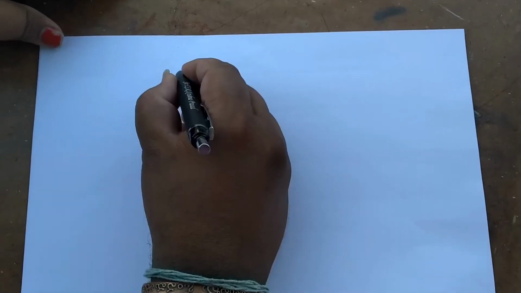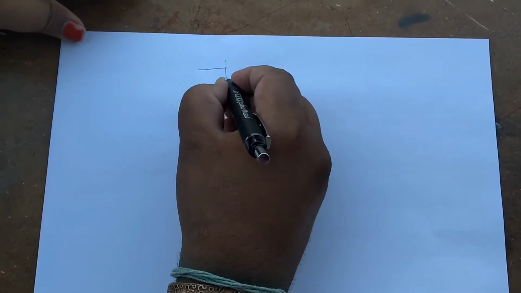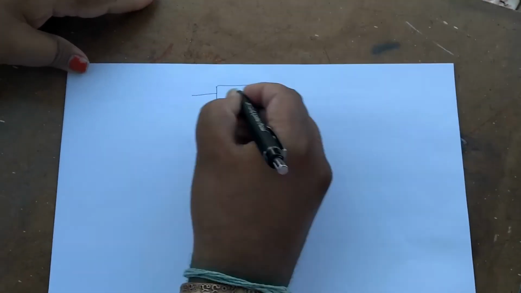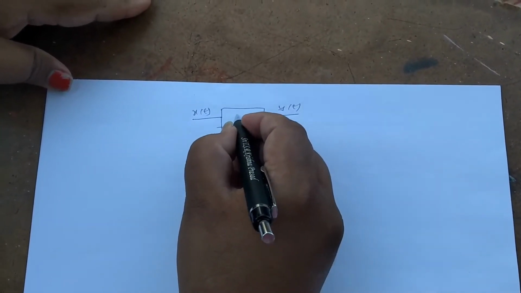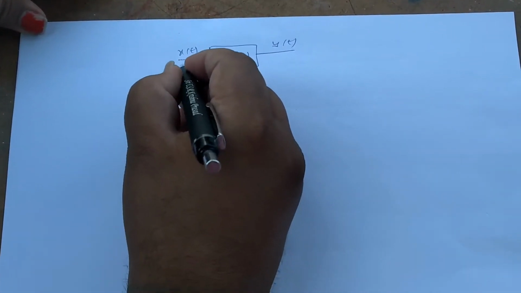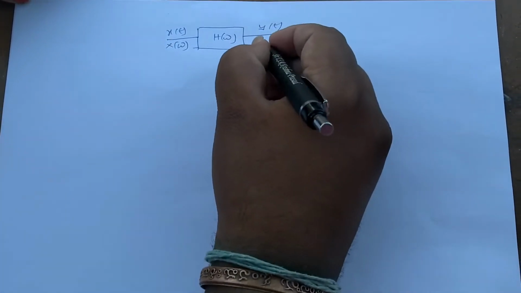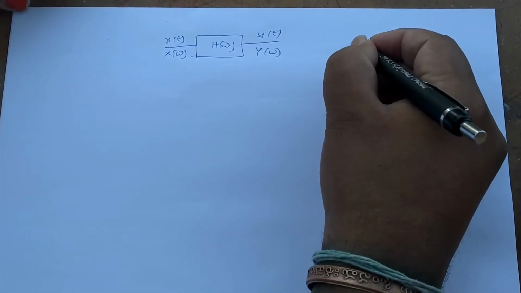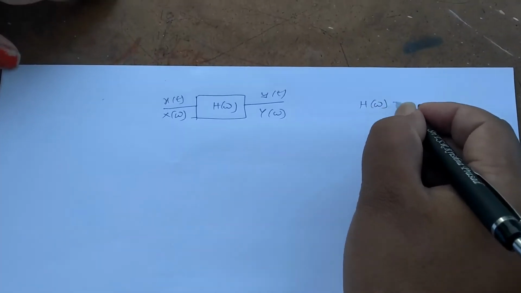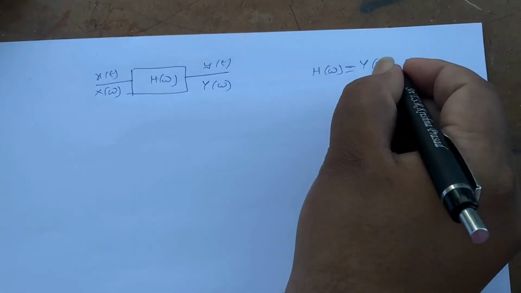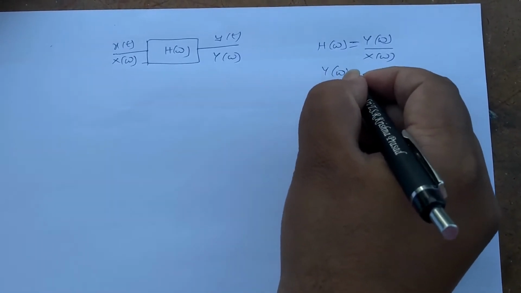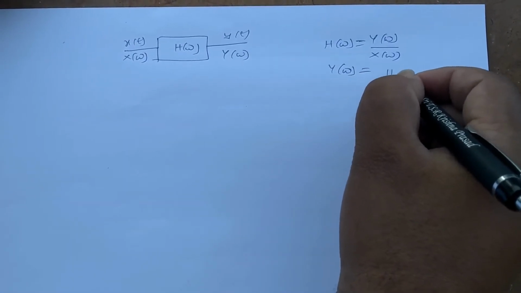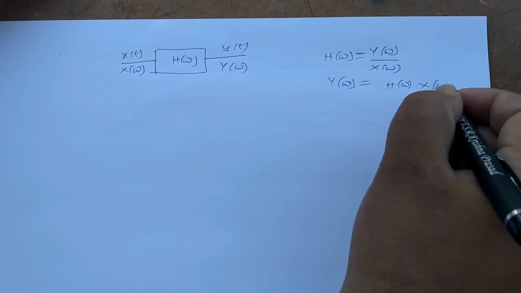For a system in general, the system can be represented like this: input x(t), output y(t), and a transfer function H(ω). In the frequency domain, H(ω) = Y(ω)/X(ω), or the output Y(ω) = H(ω) X(ω).